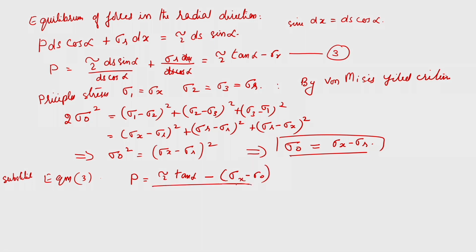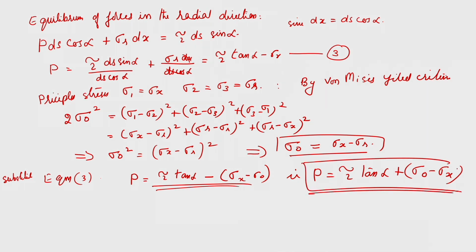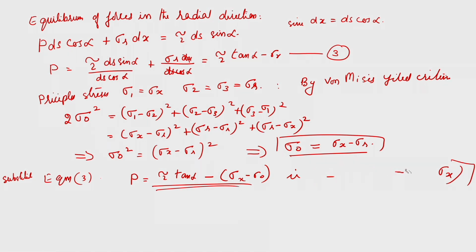So this is the relationship we are getting, that is, P is equal to tau tan alpha plus sigma 0 minus sigma x. I will write it as equation number 4, that is P is equal to tau tan alpha plus sigma 0 minus sigma x. So this is equation number 4.